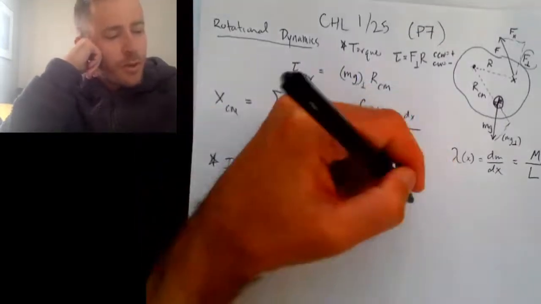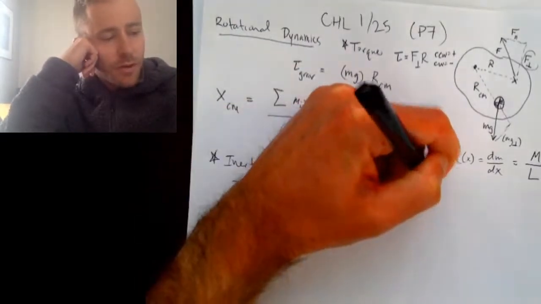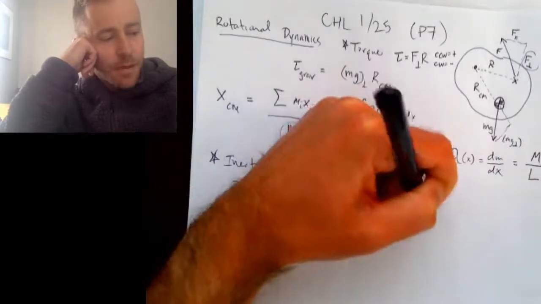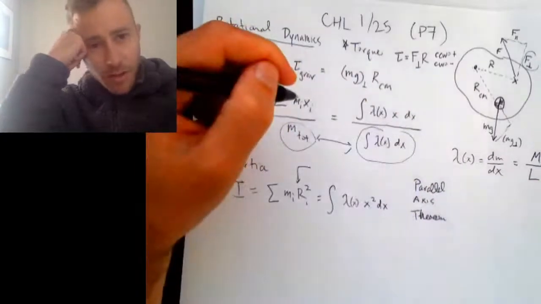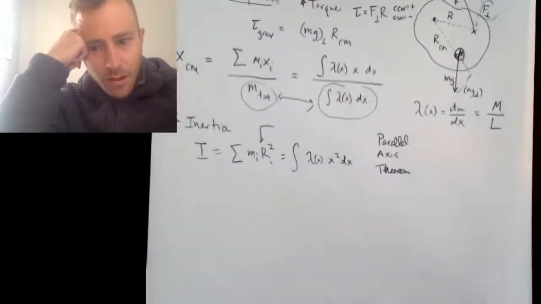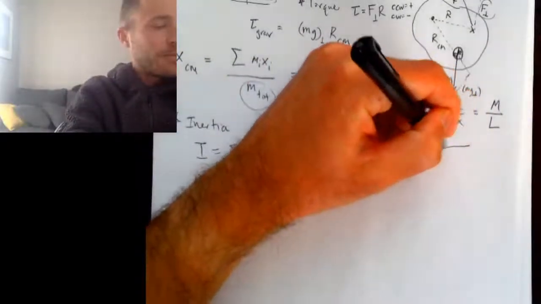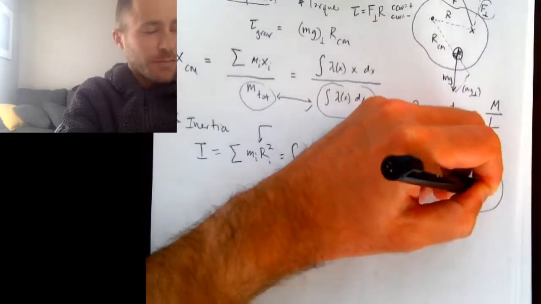So we learned a theorem involving the inertia that's called the parallel axis theorem. And this theorem appears a couple of times on the final, so make sure you know this theorem. Let's suppose you have a blob, and here's the center of mass of the blob.